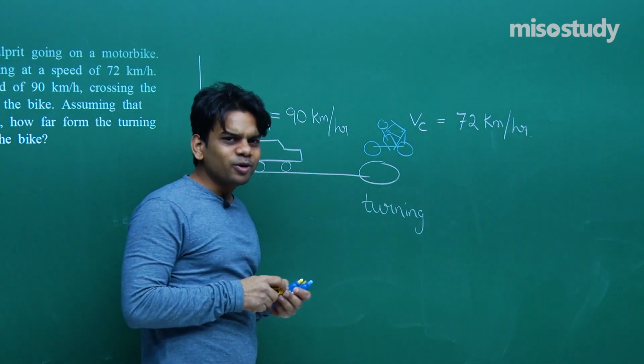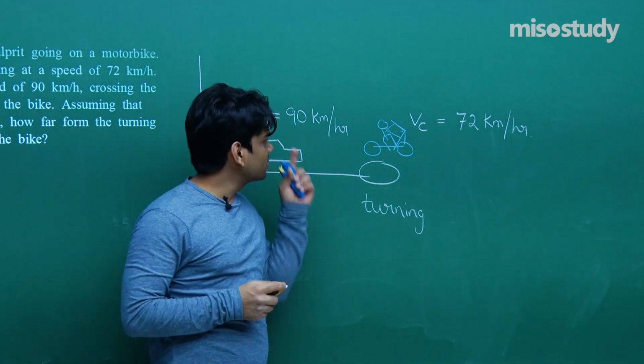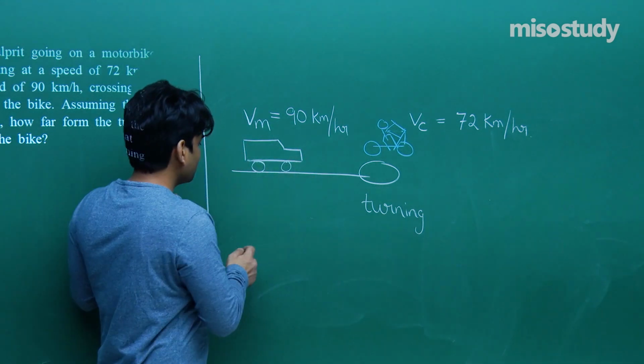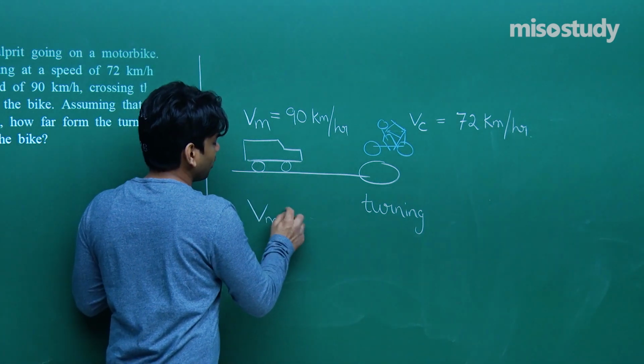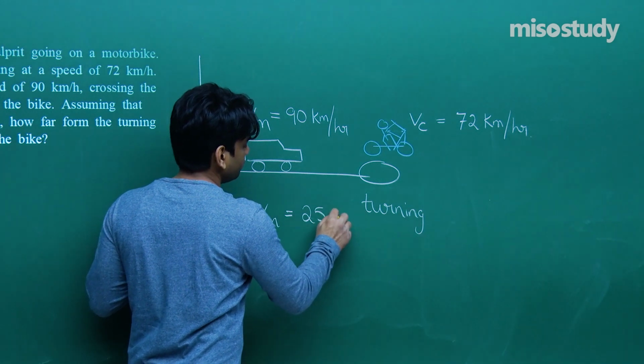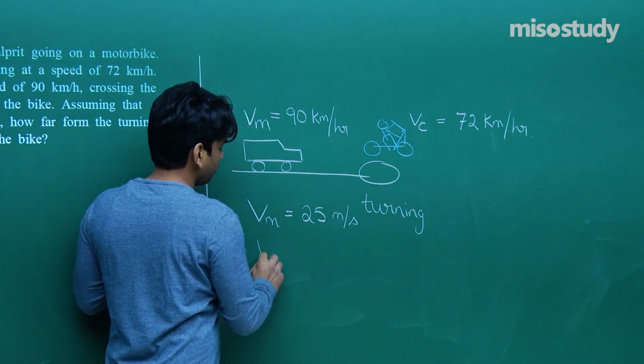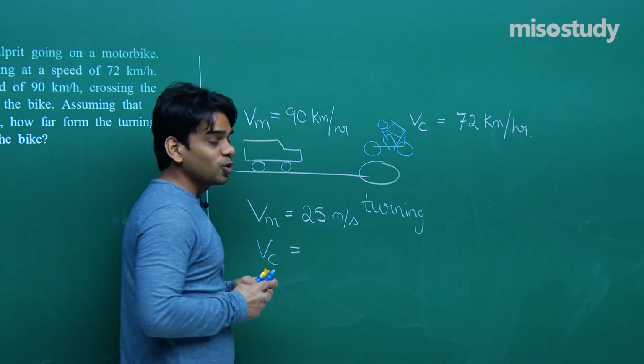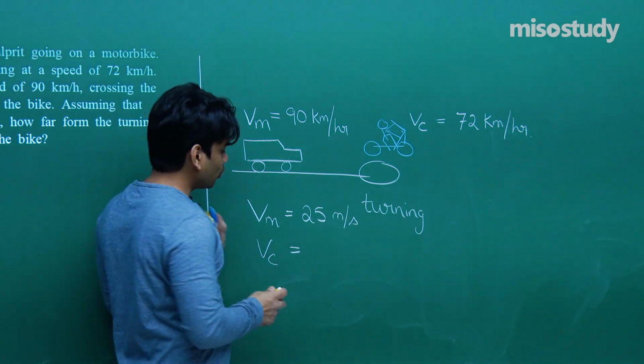So first of all, can we change this speed into meter per second? I'm going to write directly, velocity of policeman, 90 is actually 25 meter per second. Velocity of culprit, that is 72 kilometer per hour, will come out to be 20 meter per second.